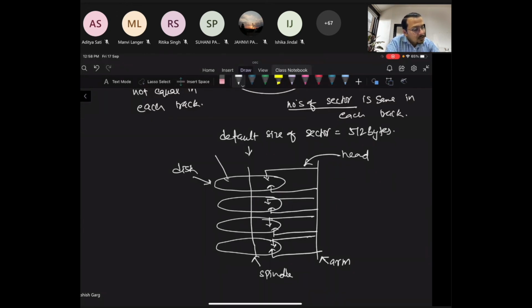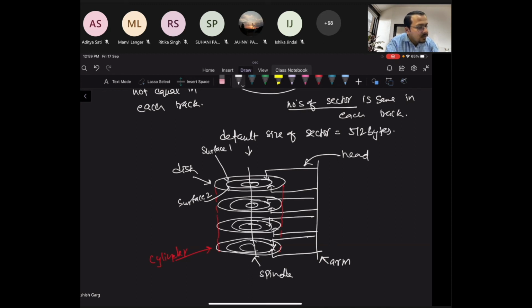So this is surface 1 and this is surface 2, and every disc may have two different surfaces. So this is how our disc is organized, and if you consider this, then this is called a cylinder, and we can have multiple tracks, like we have this, this, and this.